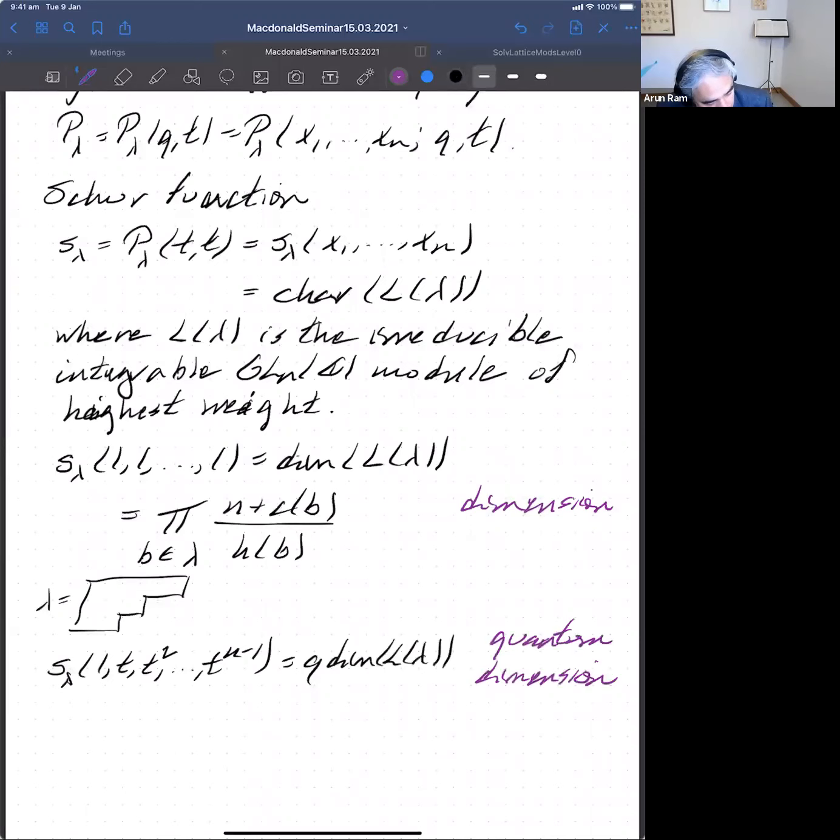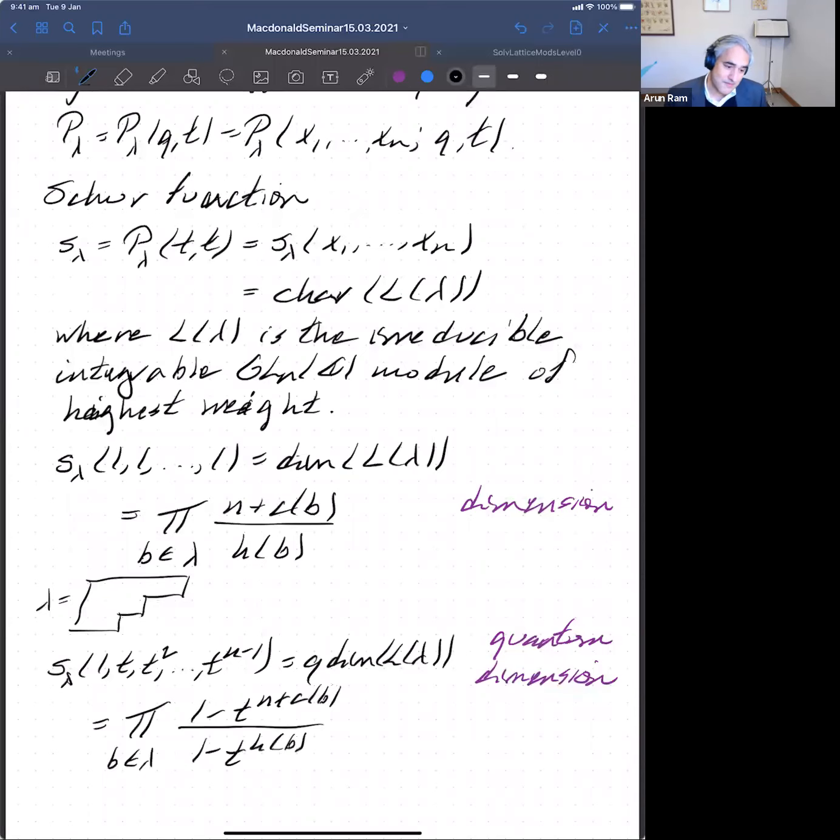So what Hermann Weyl had understood was that in fact this principal specialization has a combinatorial formula, which is the product of 1 minus t to the n plus the content of the box, divided by 1 minus t to the hook of the box.